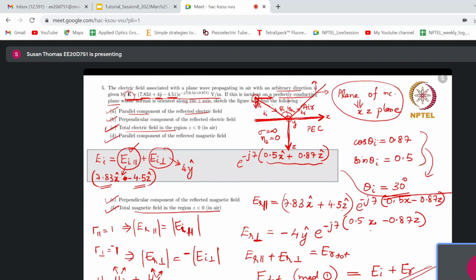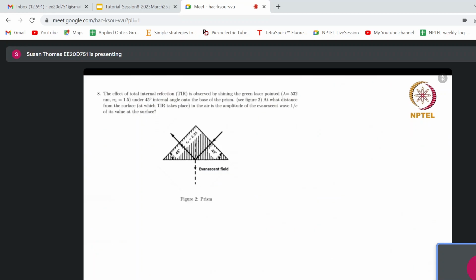So now let's move on to another question. Let me read it. The effect of total internal reflection is observed by shining a green laser pointer at a 45-degree internal angle onto the base of a prism.